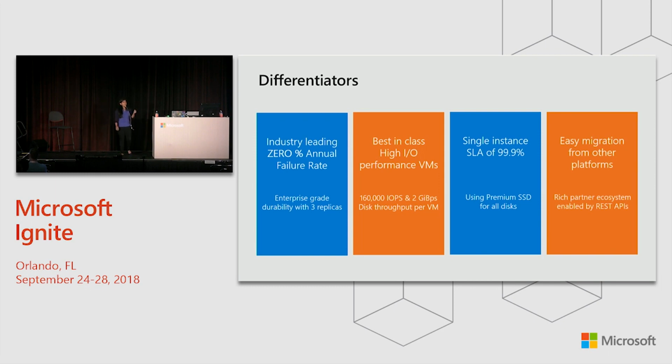Next, and this is a capability that our ISVs love, is that we offer a unique capability for you to read-write directly to the APIs of what we call page blobs, which is the underlying technology for Azure Disks.